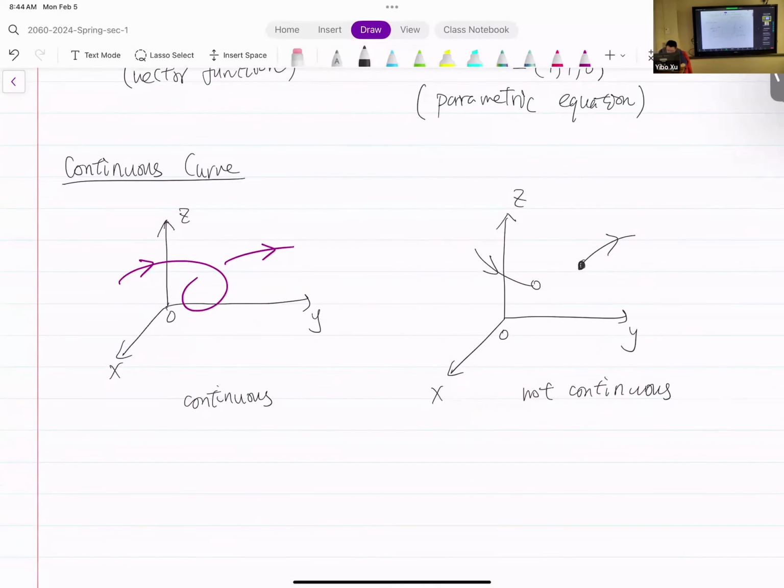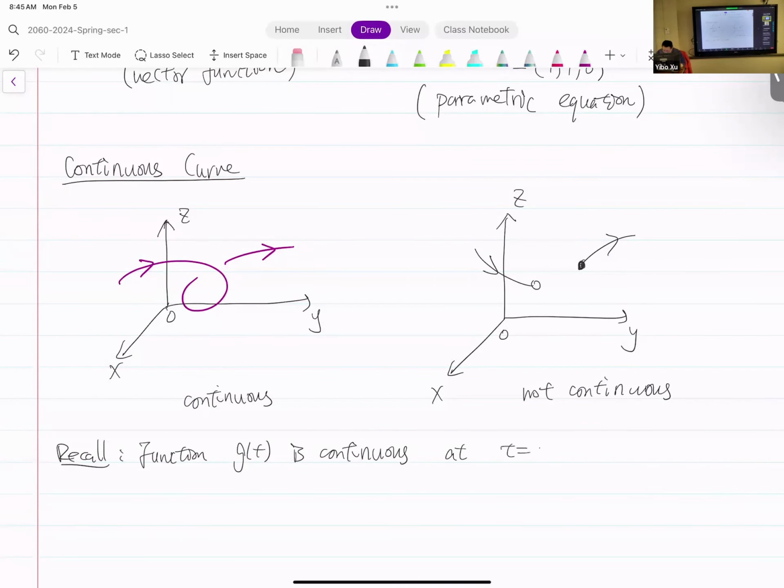And for the definition, we call function, let's say g of t, continuous. If you recall, we firstly defined the continuity at a point, and then we extend it to the entire domain. Right?